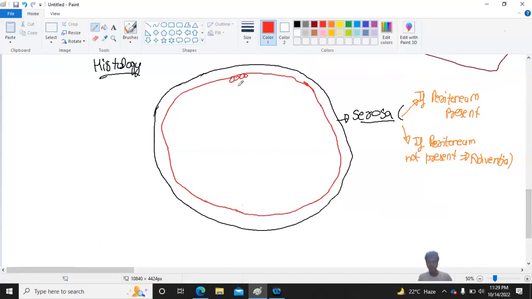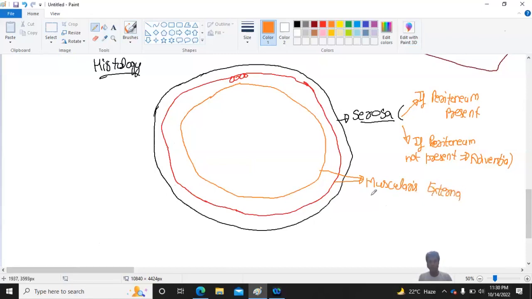Muscles present here, and another layer of muscle is also present. These two are called muscularis externa. We go from outside to inside. Muscularis externa, two layers.